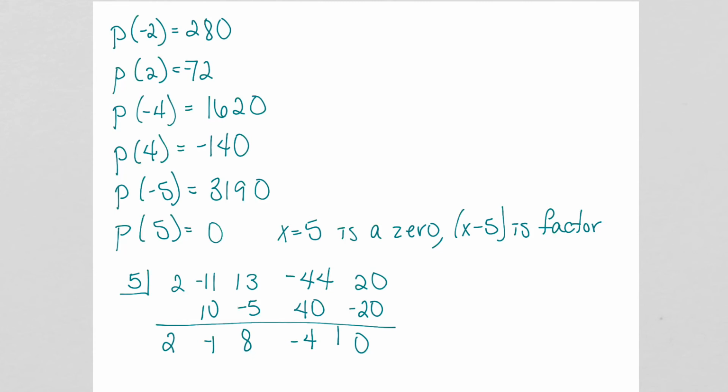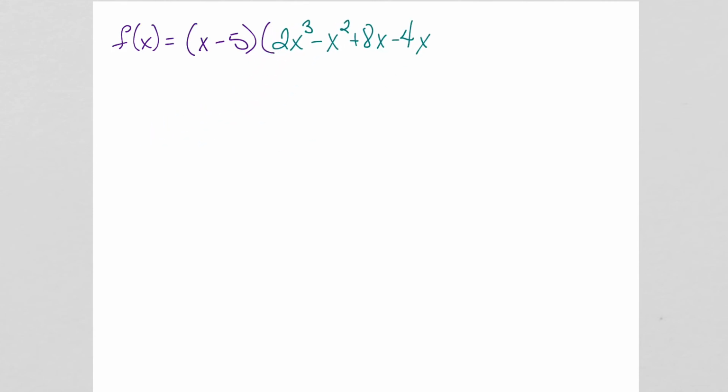Okay, so we get this polynomial here to be 2x, it was x to the 4th to begin with, so now x to the 3rd minus x squared plus 8x minus 4. So right now, we have that our function is x minus 5 was a factor, and then we have this 2x cubed minus x squared plus 8x minus 4.